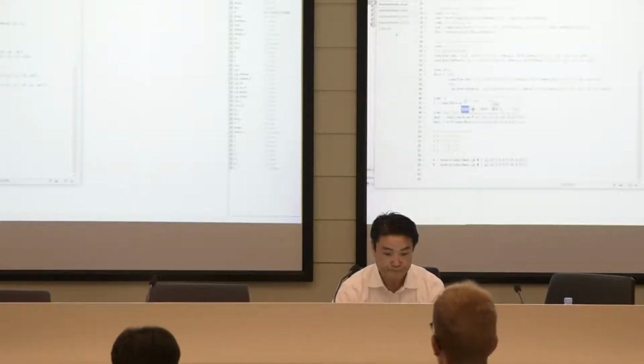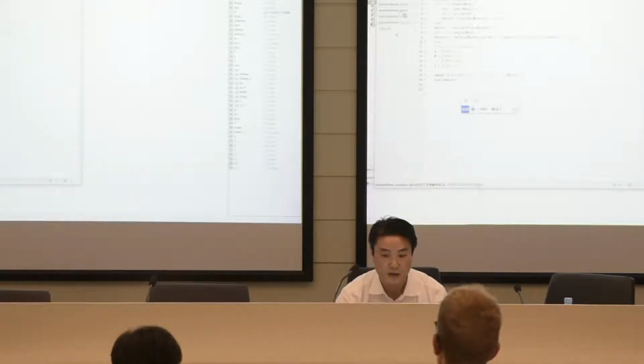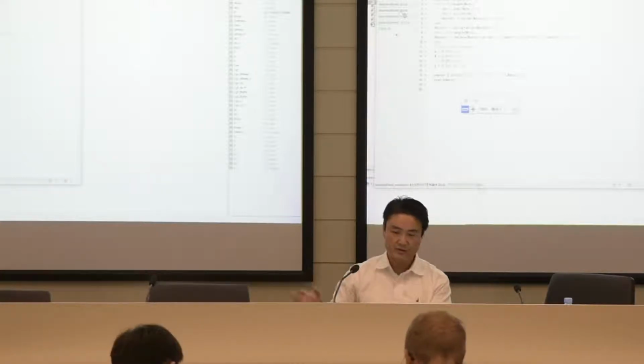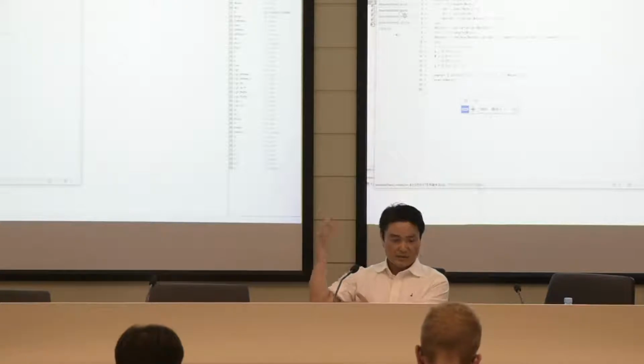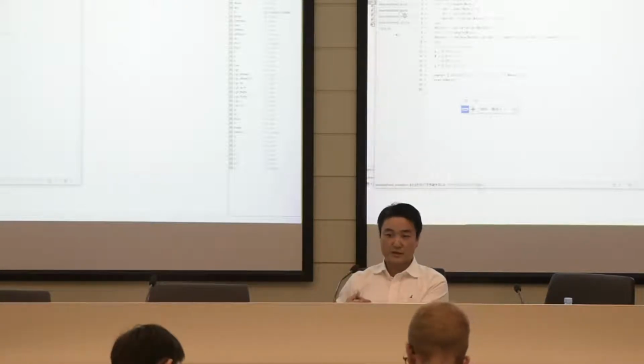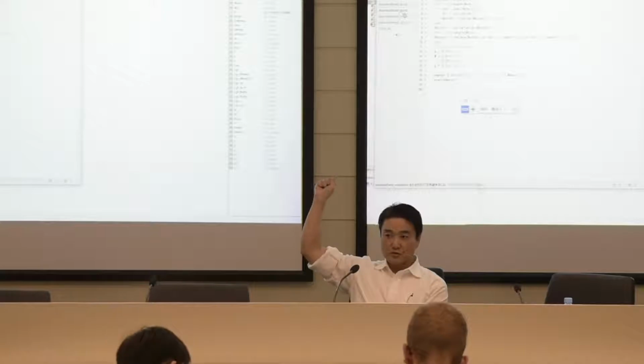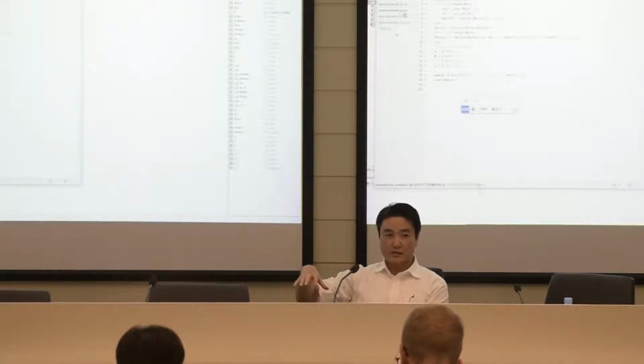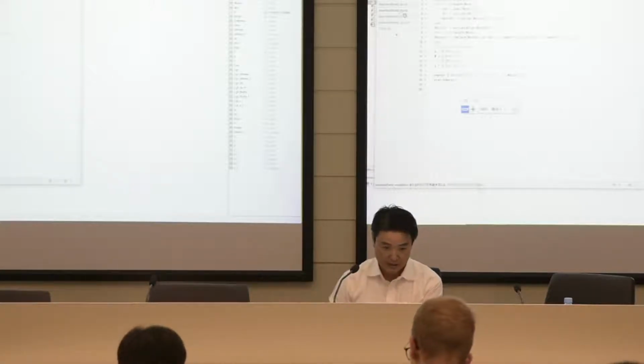Another file, the second file, which is inverted pen model 2, is not necessary. I just wanted to automatically write the differential equations.